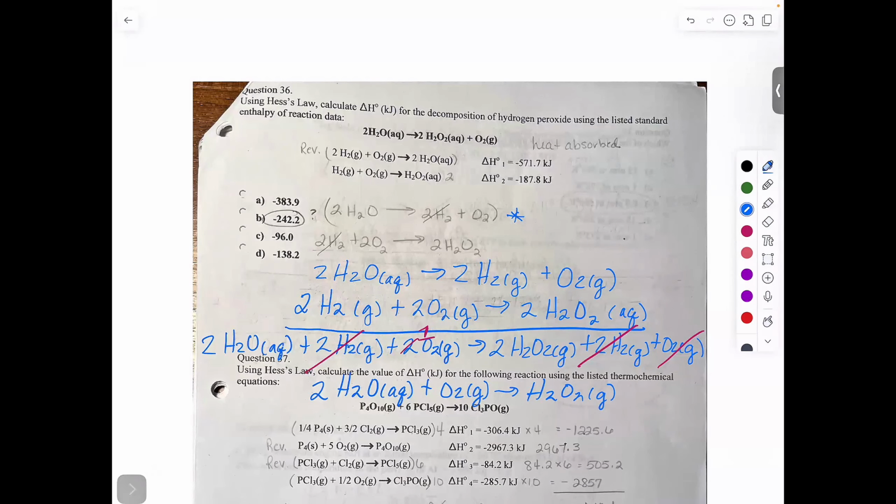And I apologize, there are two. All right, so we're left with 2 waters and an oxygen breaking down into 2 hydrogen peroxides. Now, I have a feeling perhaps this needs to be over here. Yeah, so that was, yeah, it's a dead end. This particular question is a dead end.